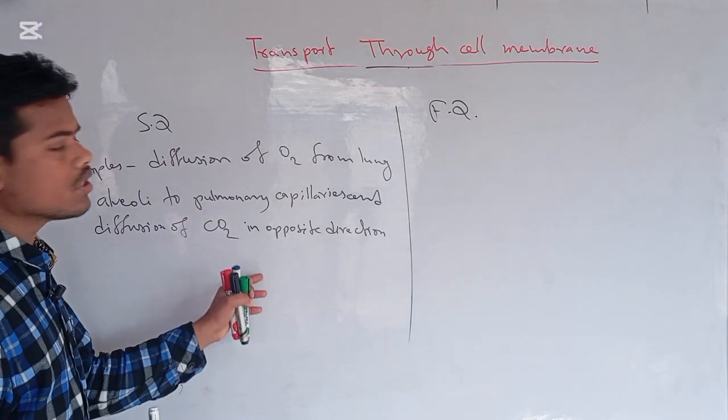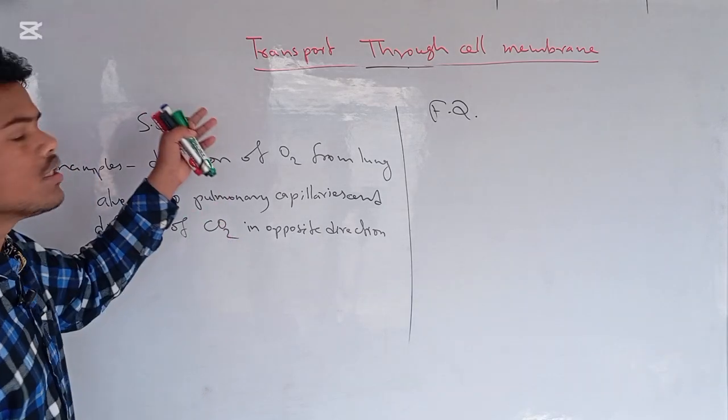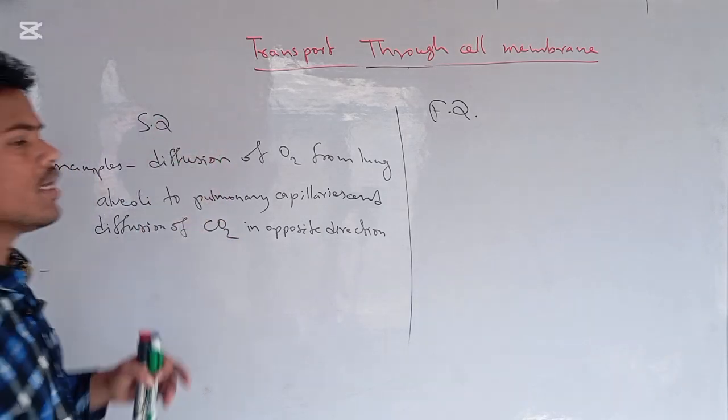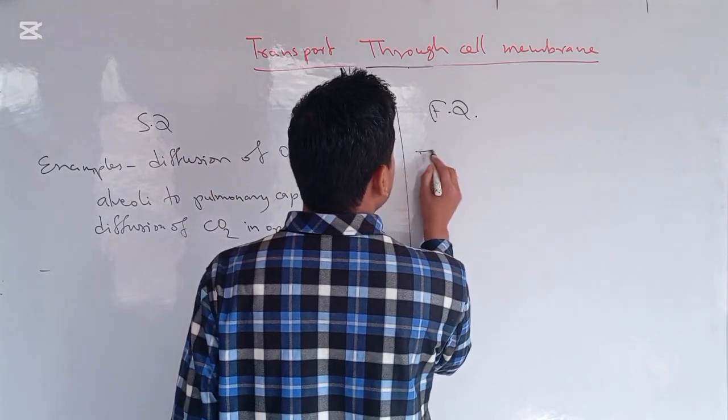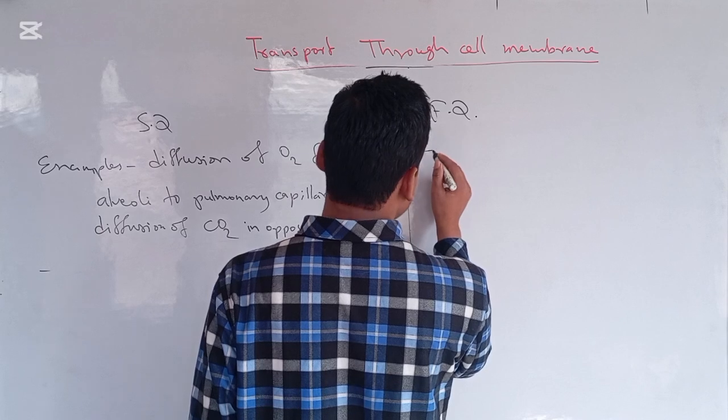So this diffusion occurs by the simple diffusion mechanism. And for facilitated diffusion, there are many examples.